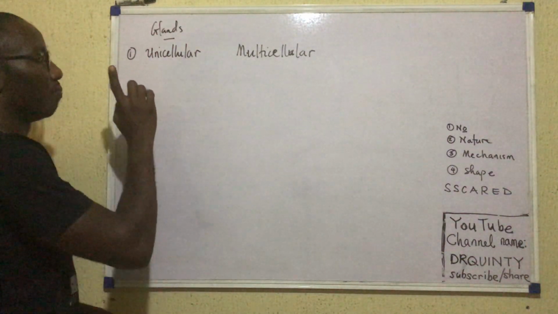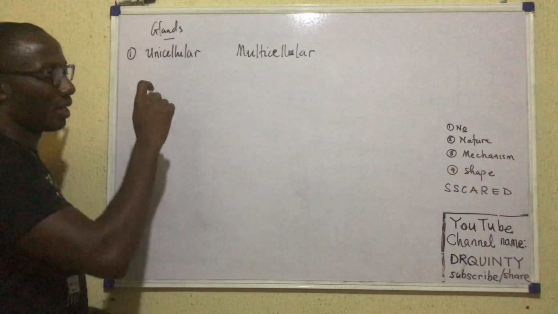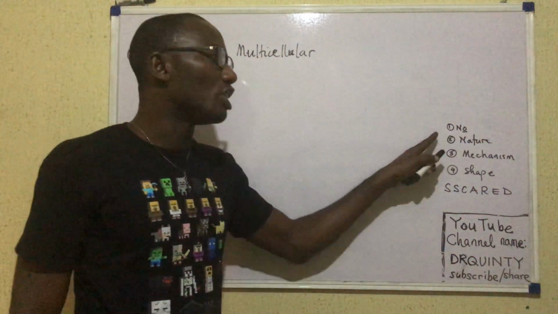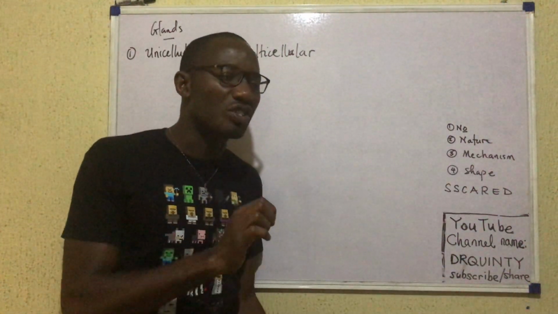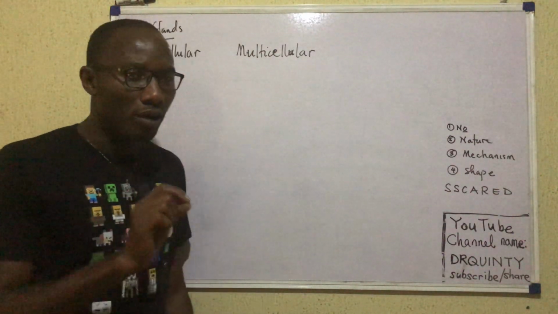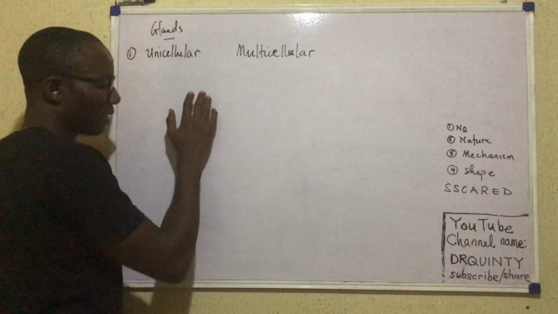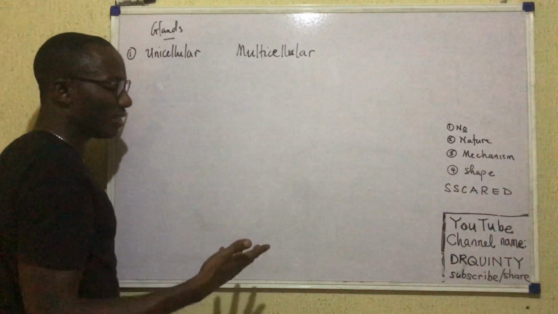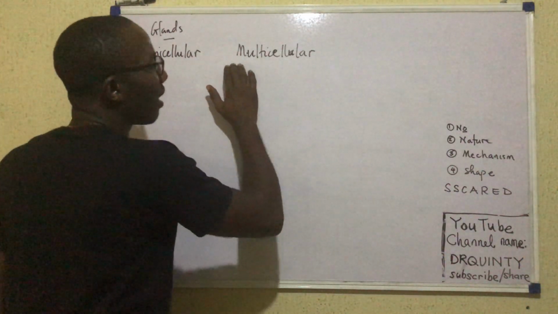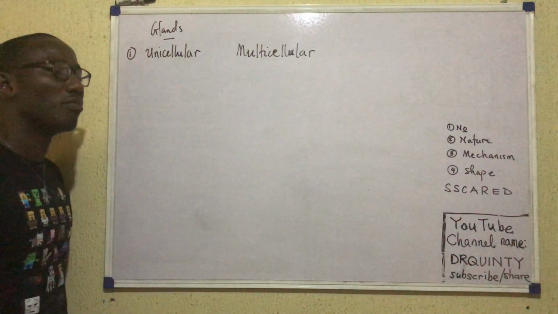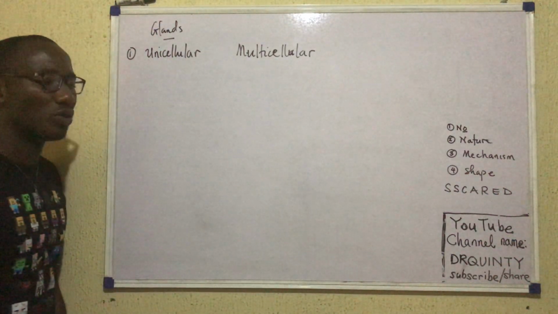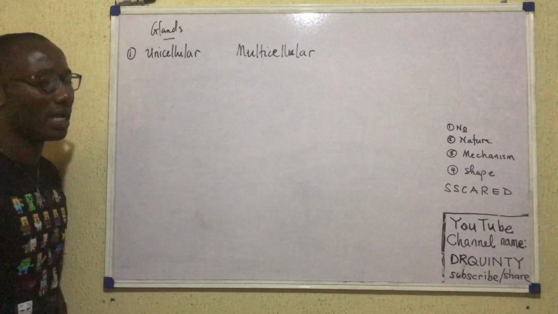The first basis on which we are going to classify glands is the number of secretory cells. There are some glands that are made up of just one cell, a single cell acting as a gland. Then you also have some glands made up of more than one cell. We say those are multicellular glands.